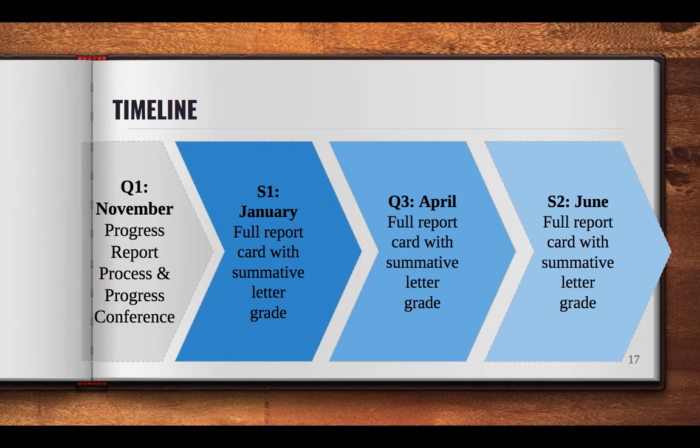There is an error on this screen, but there will be a progress report without a summative letter grade. The progress report will again show process and progress. And it's an opportunity again for you to reflect with your child on how the student is doing. Finally, at the last semester in June, you'll receive again the full report card with the summative letter grade.